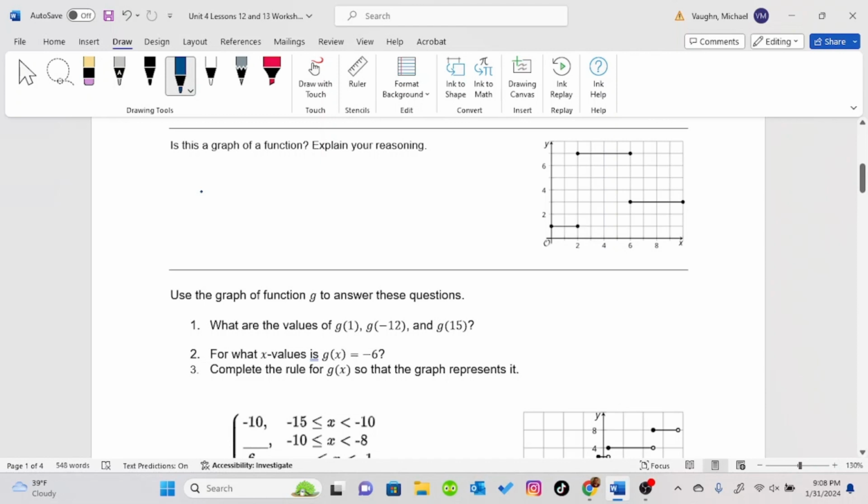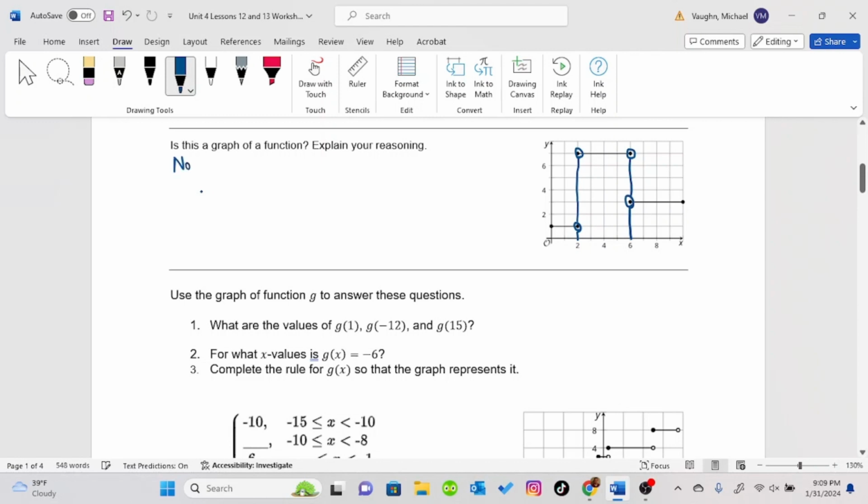And if I look at x equals 2, I can see that I hit right here and I hit right here because these are solid points. And again, if I go down to x equals 6, I come up, I hit a solid point right here. And if I keep going up, I hit another solid point right here.